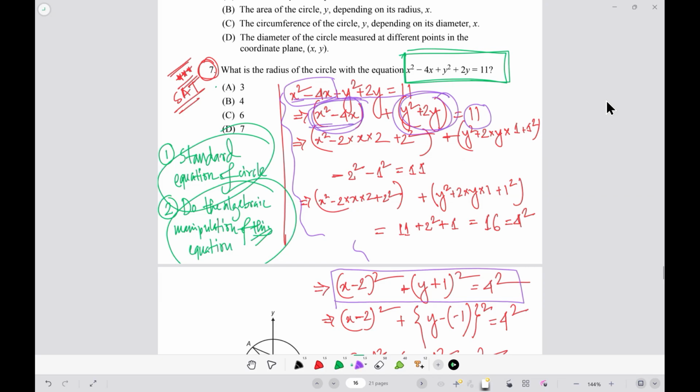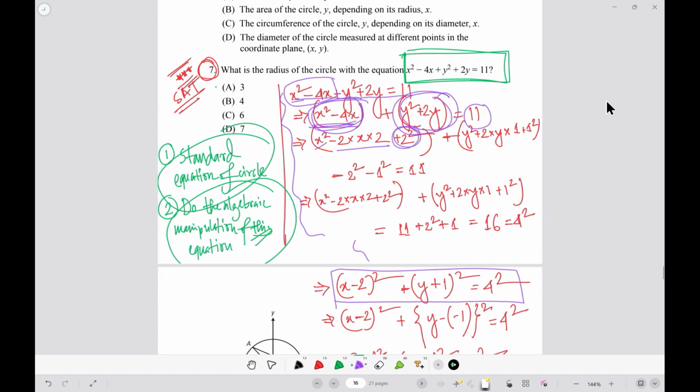And this packet can be written like this. The x squared minus 4x can be written as x squared minus 2x into 2, because 4x is 2x into 2. And then we are adding an extra term, 2 squared.